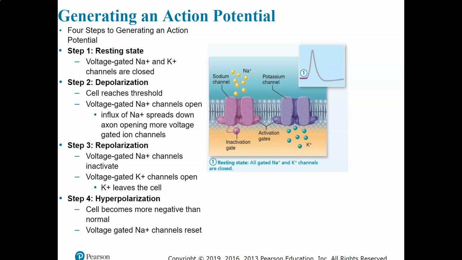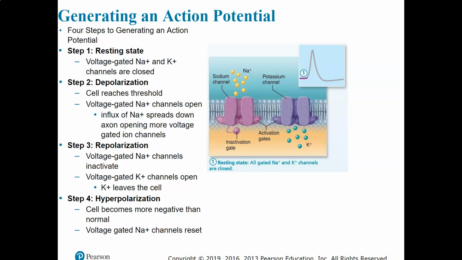So at our resting state, our voltage-gated sodium channels and our voltage-gated potassium channels are closed. They're voltage-gated. However, once the cell reaches threshold due to the graded potentials, then the voltage-gated sodium channels open. That's why it's called voltage-gated. It opens once the cell reaches a certain voltage.